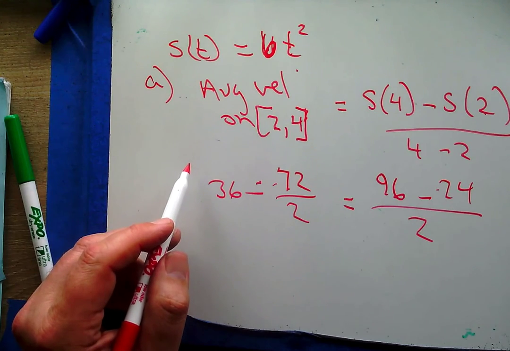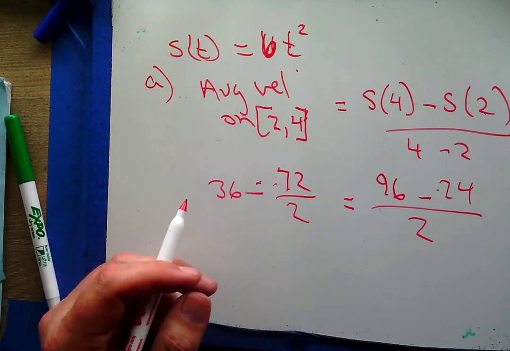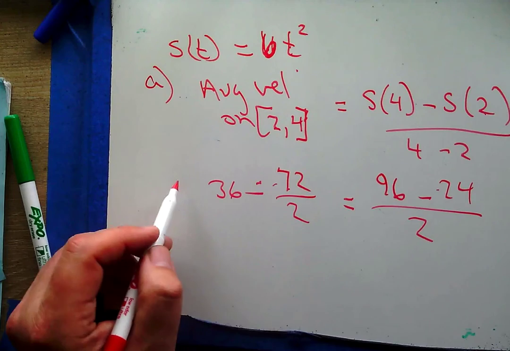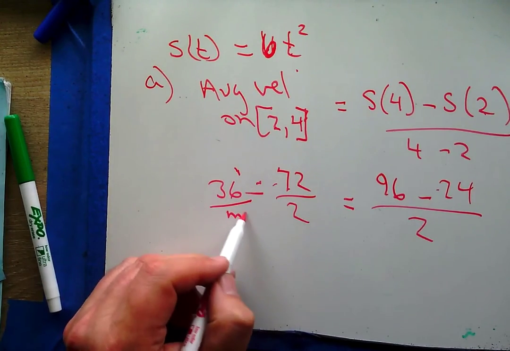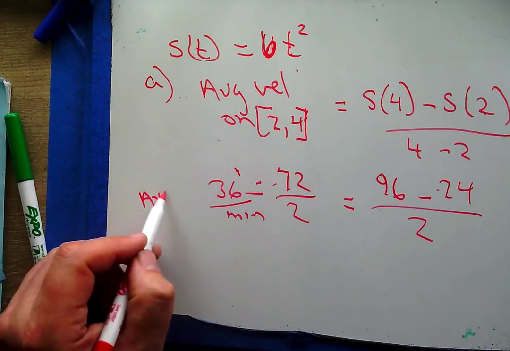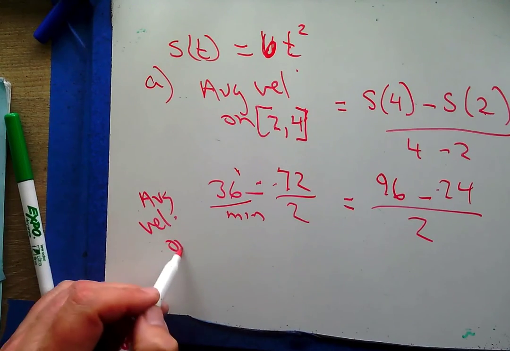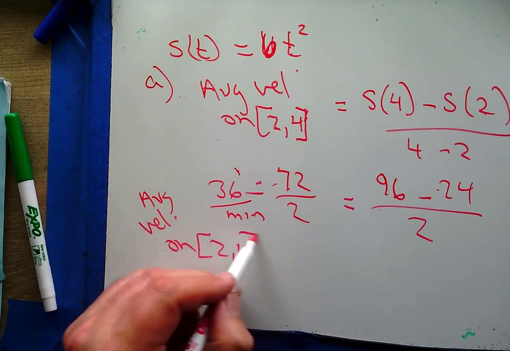Do we have any units? We don't have any feet. Okay, so this is 36 feet per minute is the average velocity on 2 to 4.